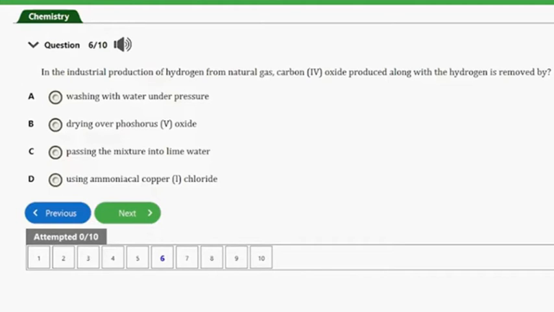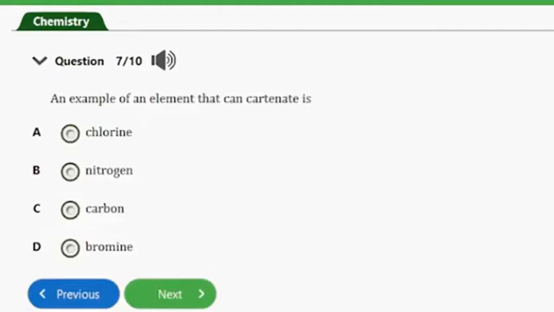D, using ammoniacal copper 1 chloride. So guys, the answer to this question is option A here, and that's washing with water under pressure. So carbon dioxide is removed from the mixture by dissolving it in water under a pressure of about 30 atm. So let's consider the next question.